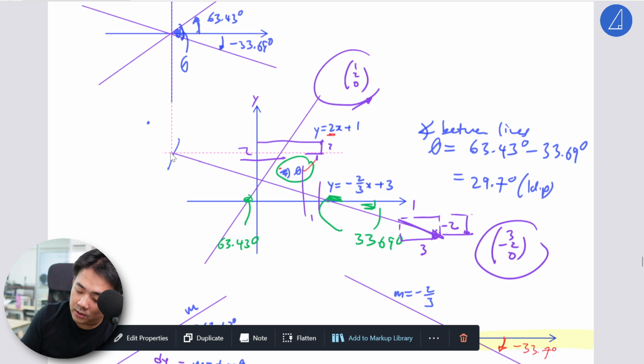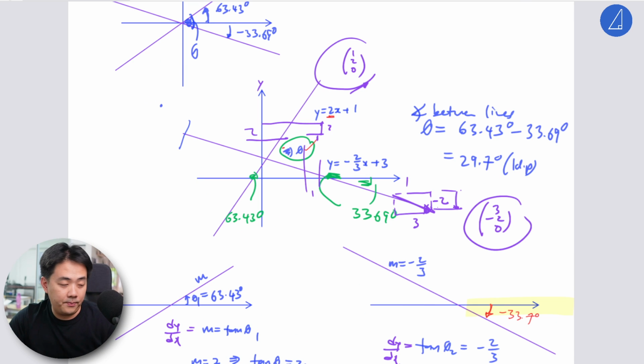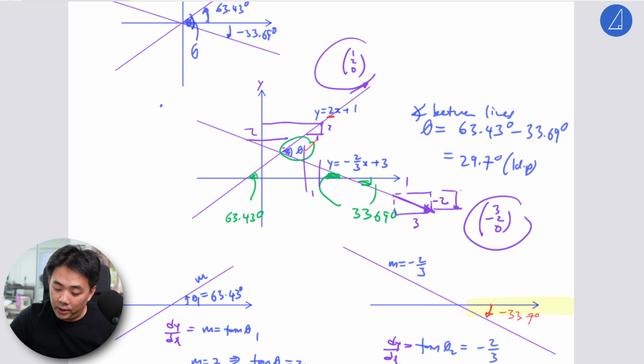Your question is not wrong, but my diagram is not accurate. This angle here is an obtuse angle. I should draw an accurate drawing, then I can see. So this one is obtuse, and my acute angle is actually this side.